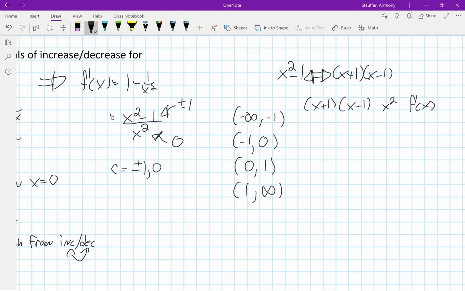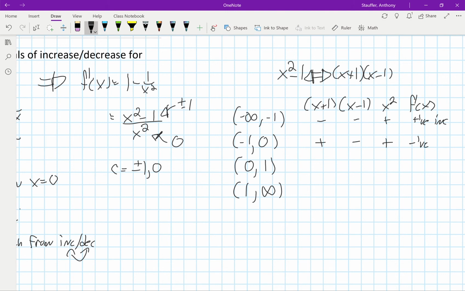I take a number from negative infinity to negative 1, say negative 2. That would give me a negative there, and a negative there. And x squared, well, it's always positive. Negative times negative times a positive gives me a positive. So that means I'm increasing on that interval. Say negative 0.5: that would give me a positive, a negative, and again, always positive.